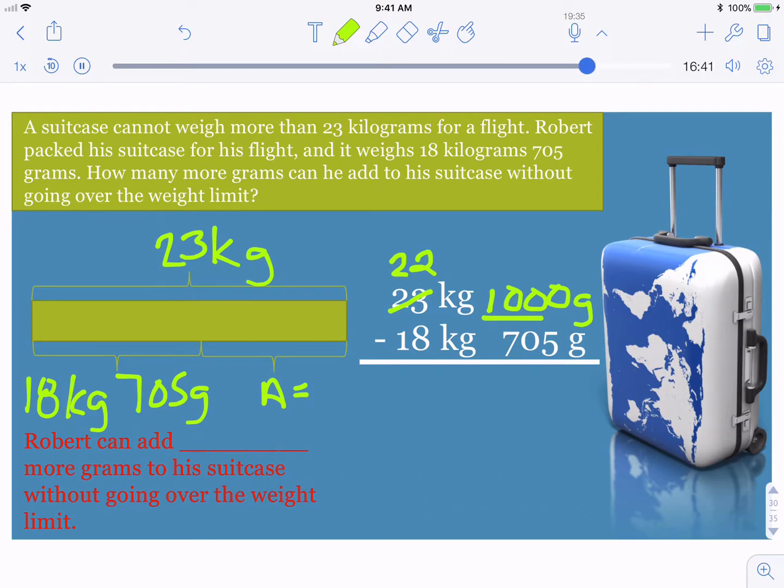Take away 1, that's 99. What do I do with the one I just borrowed? I put it next to the neighbor. 10 minus 5 is 5. 9 minus 0 is 9. 9 minus 7 is 2.